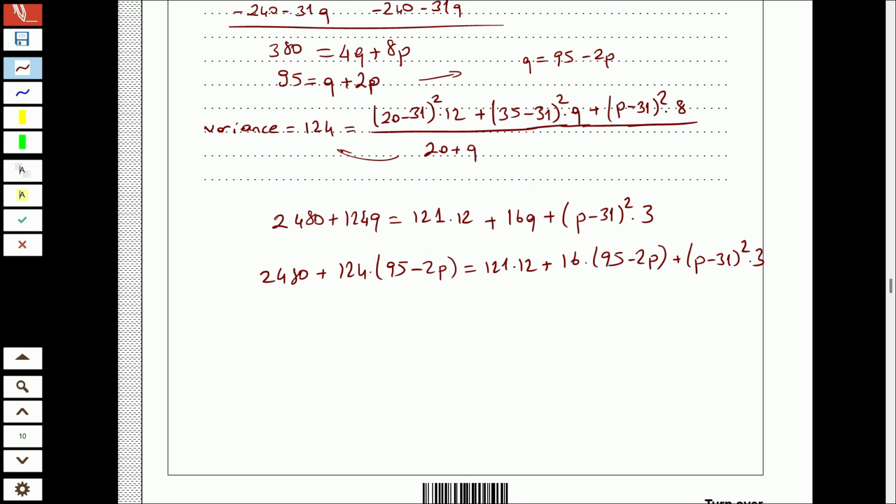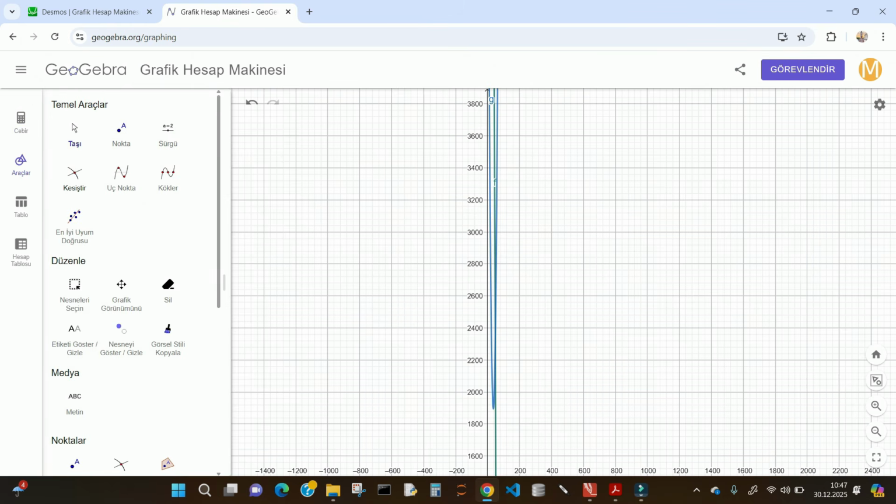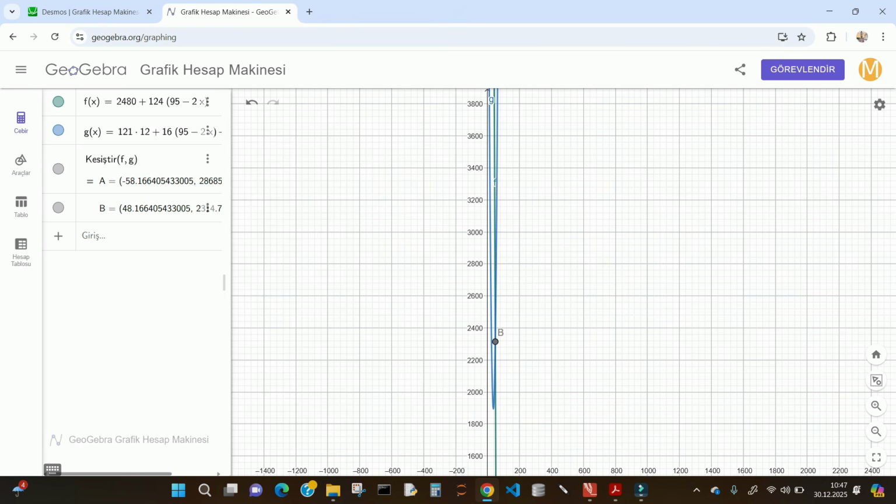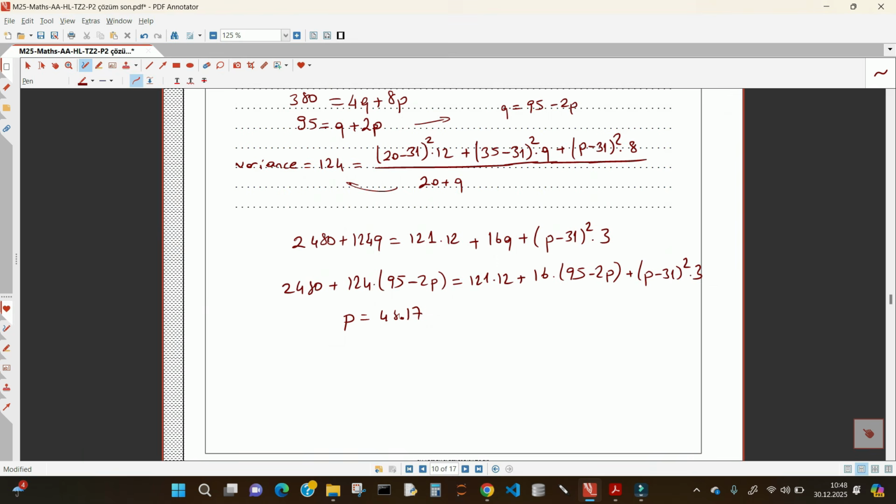You can find it from the numerical solver, but I will solve it by drawing the graph. Let's find the intersection point. Sorry, it's going to be 8 in here, right? Yes, this is 8. I will change it and calculate it again.